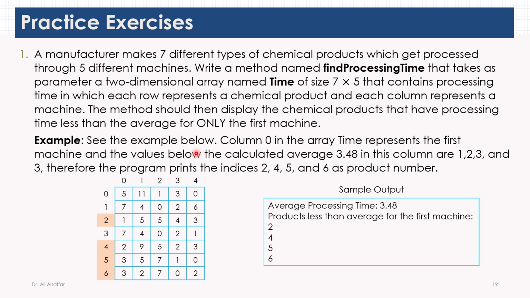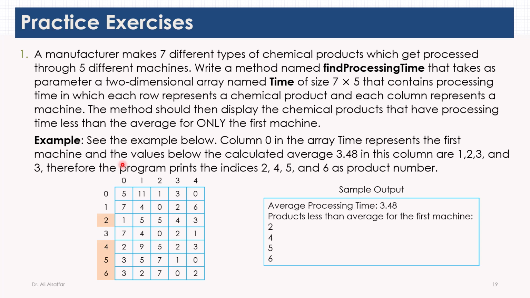So how should the method process the two-dimensional array? In fact, this can be done in 2 steps. In the first step, we need to compute the average processing time for the entire array, and this can be done by processing the array row by row using nested loops. And in the second step, we need to compare the average time with all the processing times that machine 0 takes to process the products.